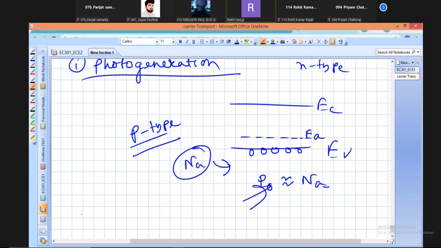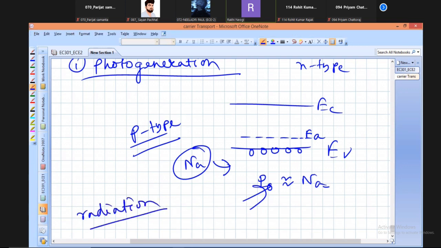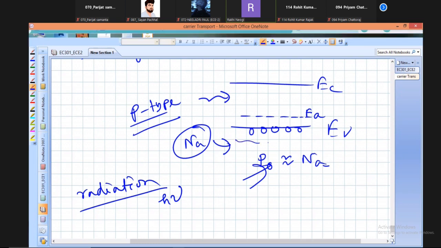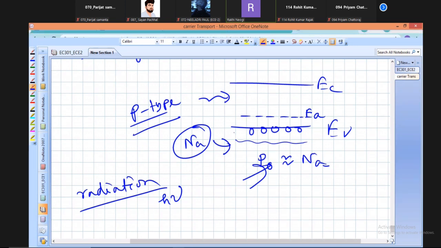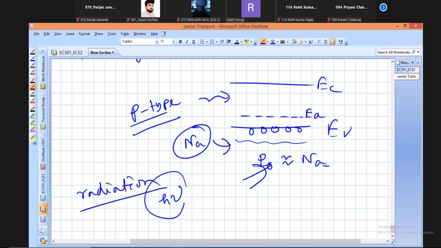Right now, what I said, radiation is provided. Due to this light radiation, whatever energy hν is given here, the electrons residing in the valence band, in covalent bond formation with the neighboring atoms, in the stable state, will be excited because radiation falls there.